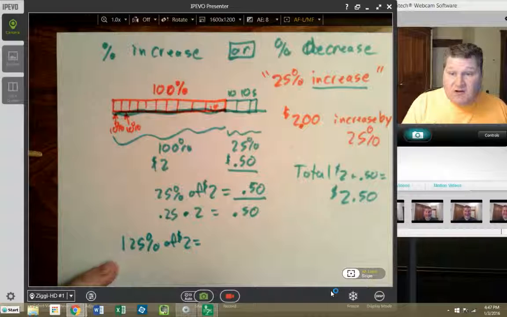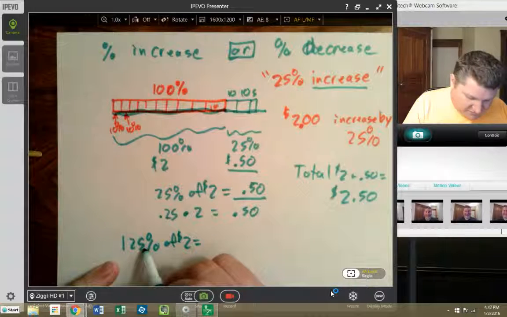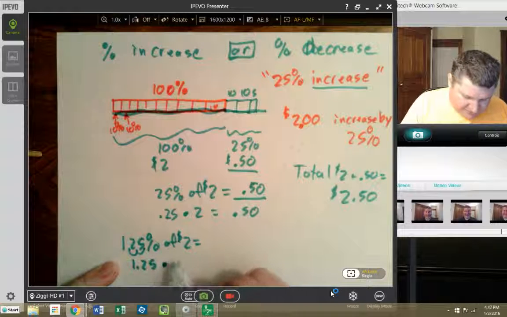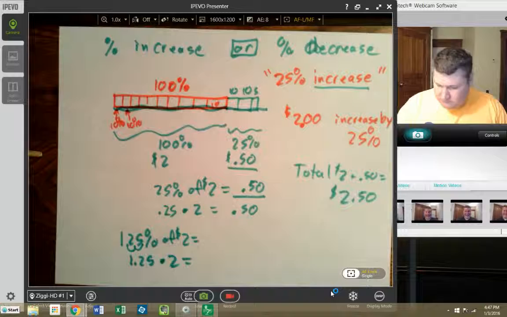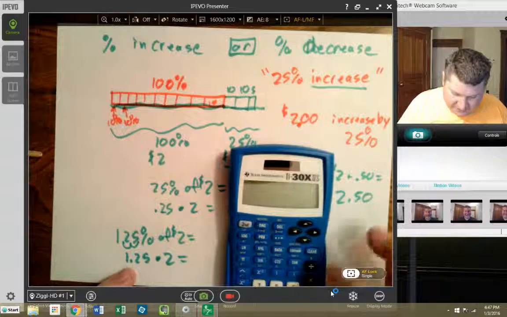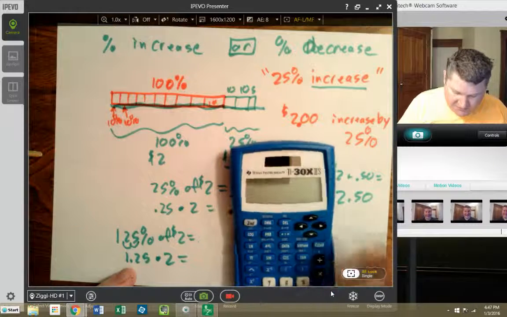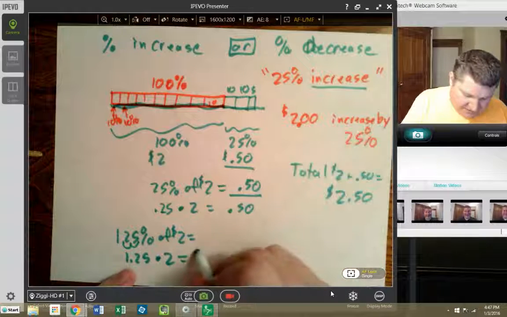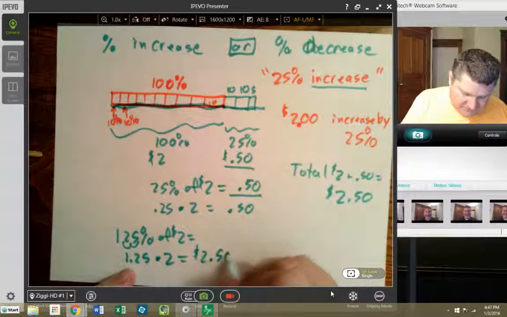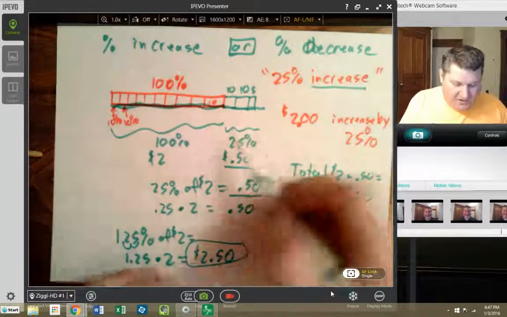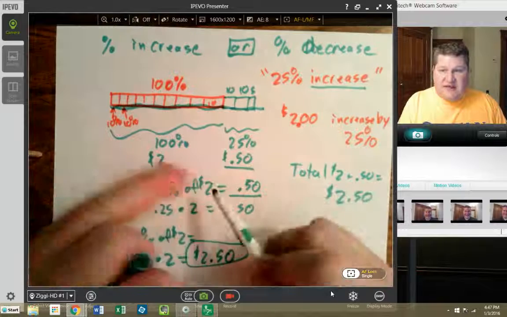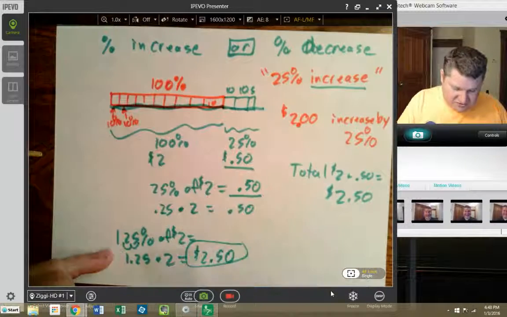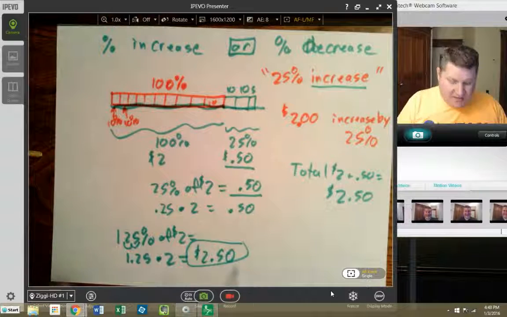Now, if I want 125%, I move the decimal, but I still only move it 2 spots. 1.25 times 2 gives me 2.5, also known as $2.50. So whether I find the pieces individually and then add them, or add the percentages, 125%, and then multiply, either way works.